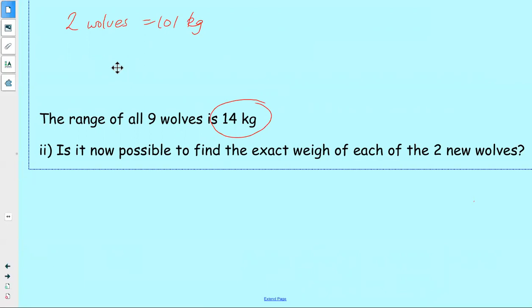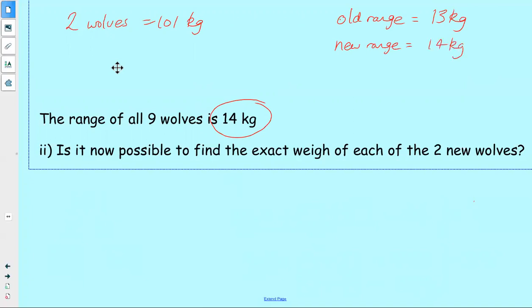So the old range was 13 kilograms. The new range is now 14 kilograms.